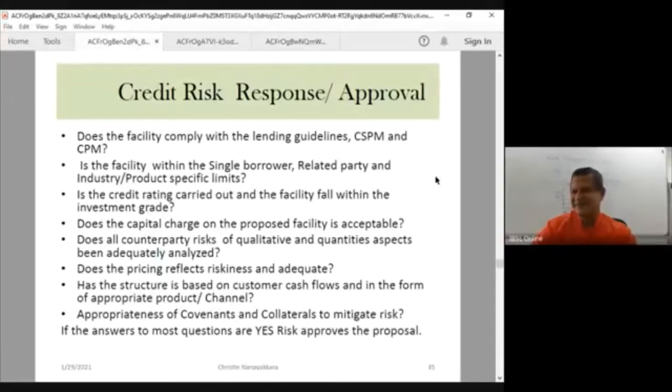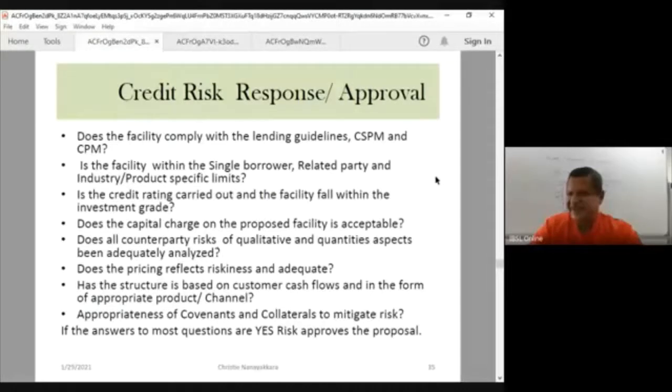Similarly, if you have certain restrictions on the duration of letters of credit, and a branch has established a letter of credit for 6 months, though it is within the limit of the branch manager, it might go to a higher level because of the duration. All these need to be checked by the credit risk department.